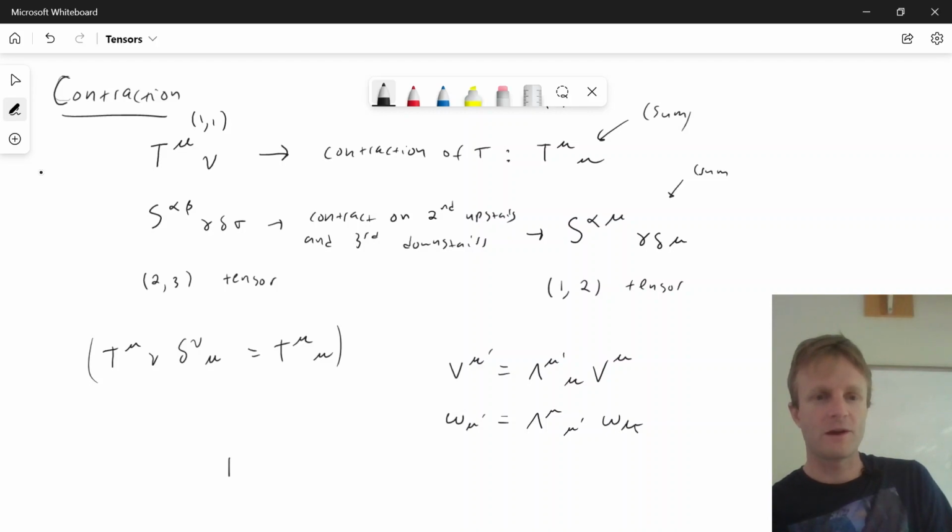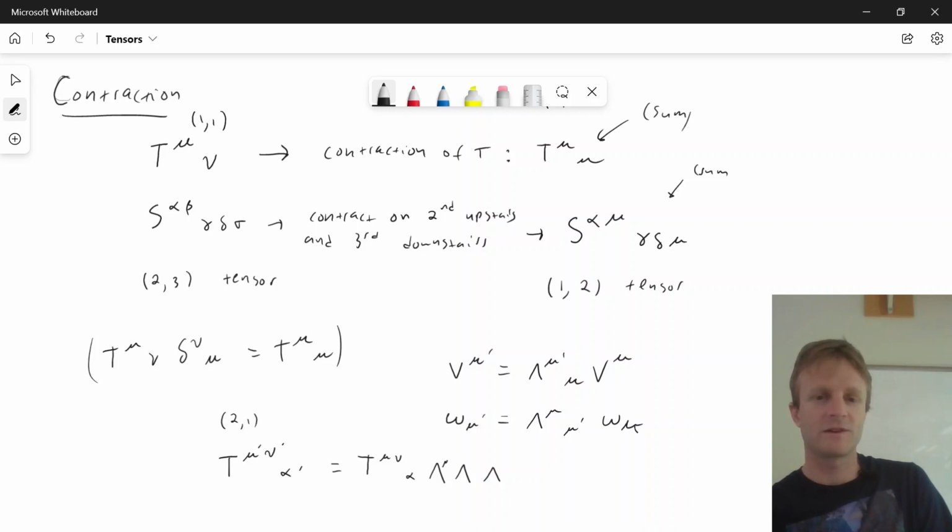You just have one factor of the Lorentz transformation matrix for each index. So for example, if I wanted to change a 2, 1 tensor, I just write out what I know already. I have T mu nu alpha. I just set up my 3 Lorentz transformation matrices, and I make the indices line up.